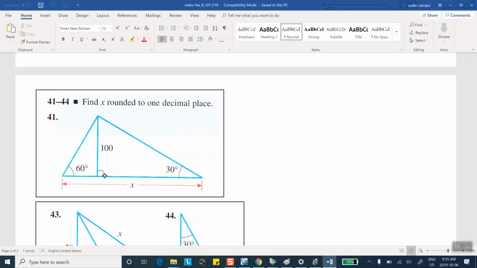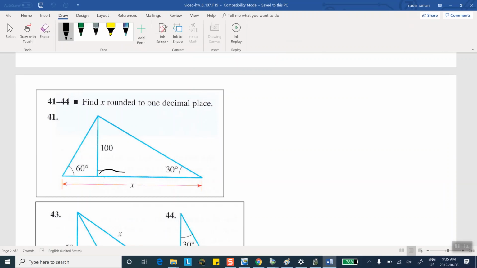One is to recognize x is made of that piece, which I'm going to call A, and this piece, which I'm going to call B. Okay, so x is equal to A plus B, and my job is to find A and B, and then obviously I found x.